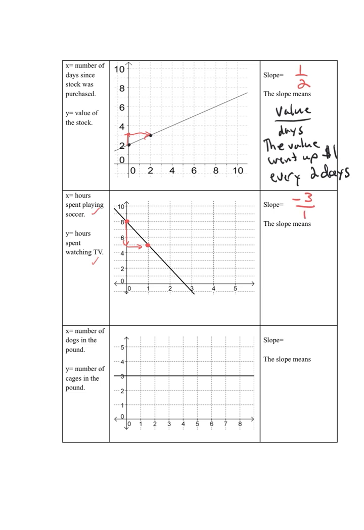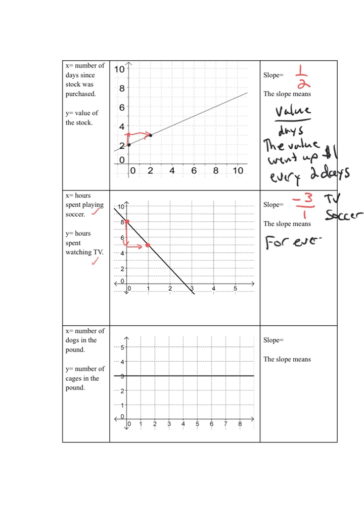So that's a negative slope. So in terms of a sentence, you could say for every hour you play soccer, because remember, this is TV over soccer, so for every 1 hour of playing soccer, you watch 3 hours less of TV.